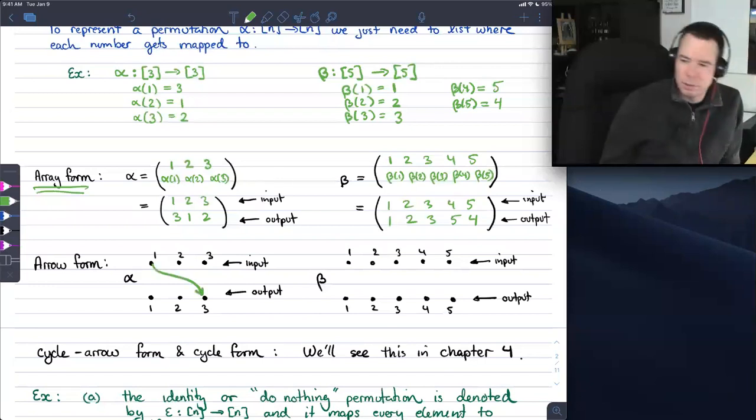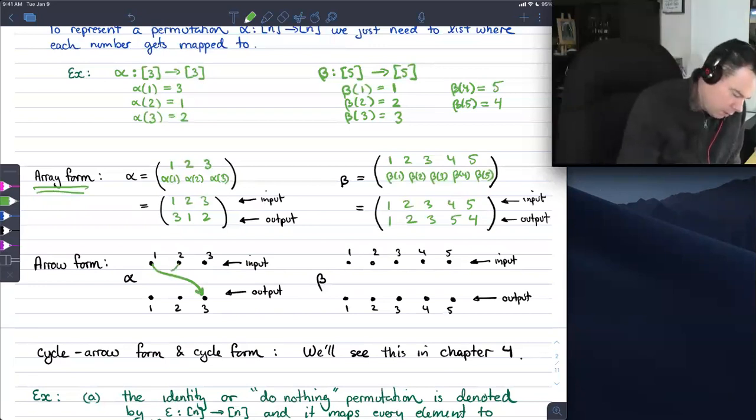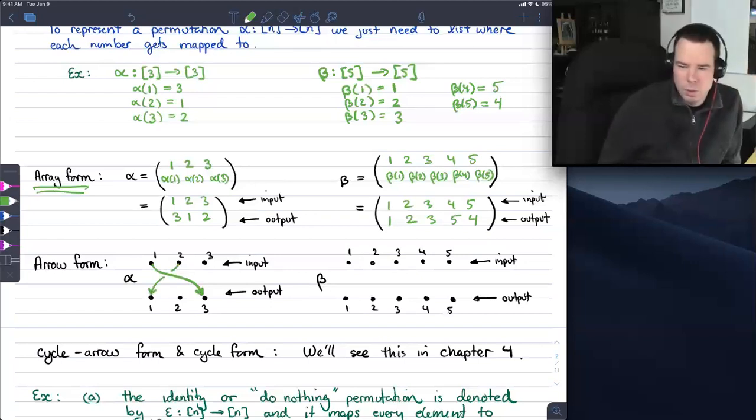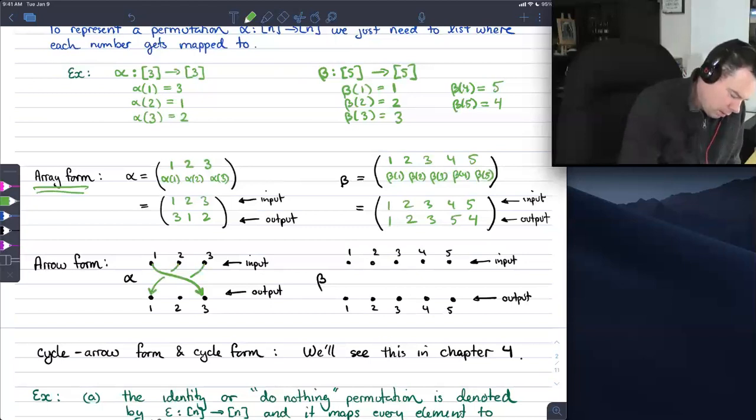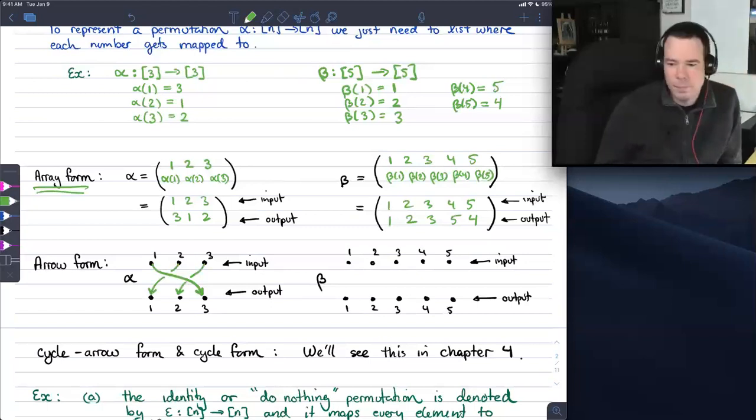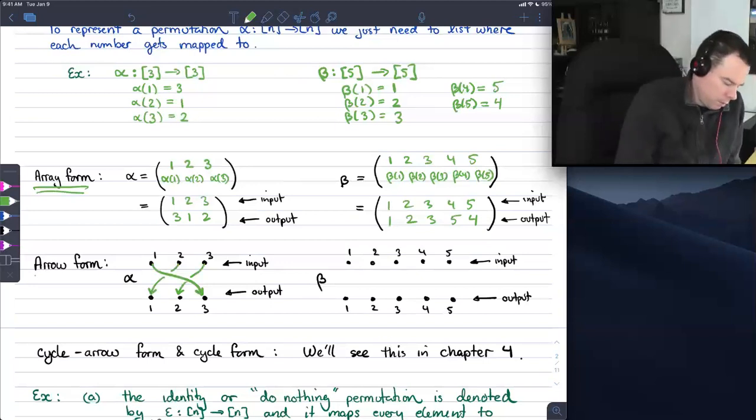So we put a little arrow indicating where it goes to. Our function takes 2 as an input, and it outputs 1. So 2 goes to 1. And 3 goes to 2. So we draw that in like that. So that's what's known as our arrow form. It's our arrow form of our permutation.